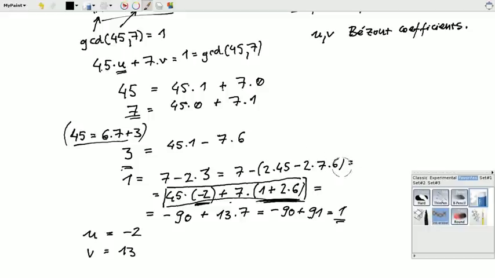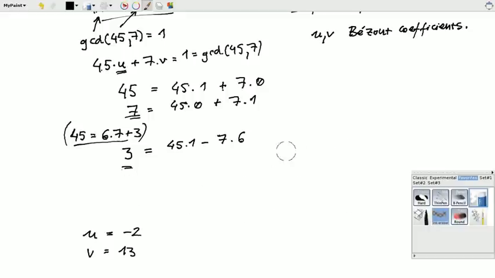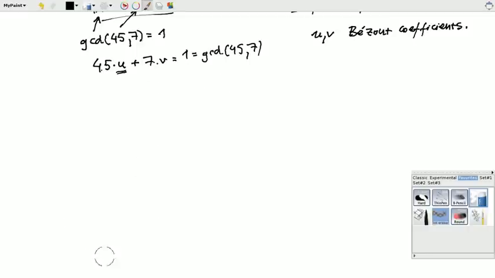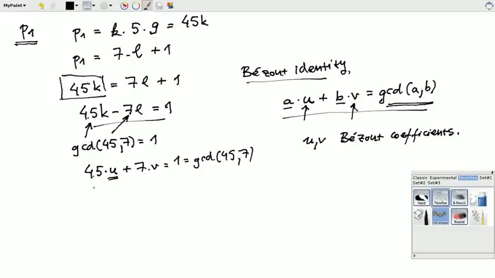I'm going to make some space. Feel free to pause the video and catch up on the Euclidean algorithm if you didn't quite catch that. It's important to understand. Okay, so now we somehow know that 45 times minus 2 plus 7 times 13 is equal to 1.